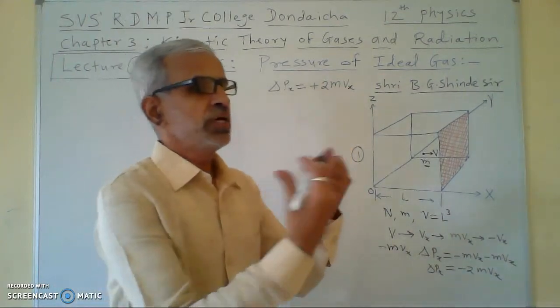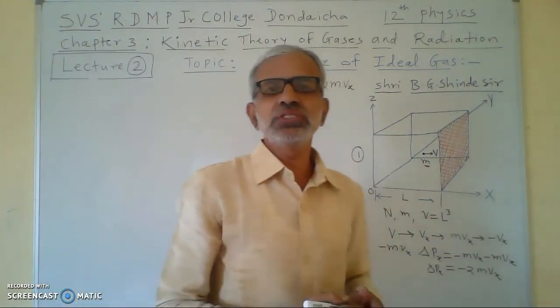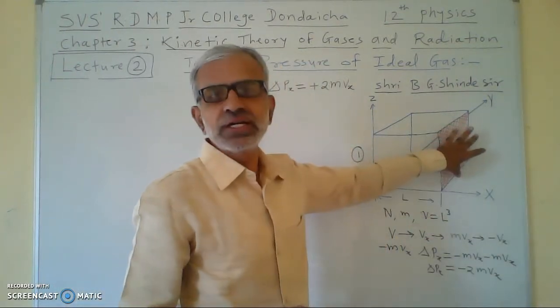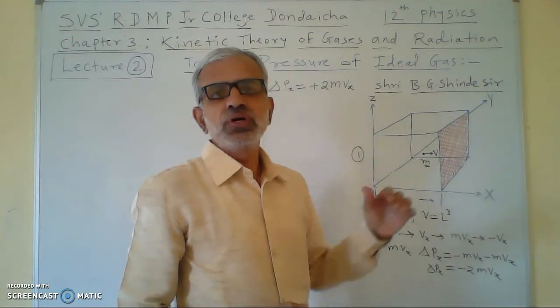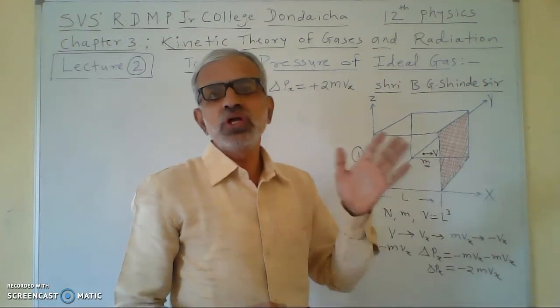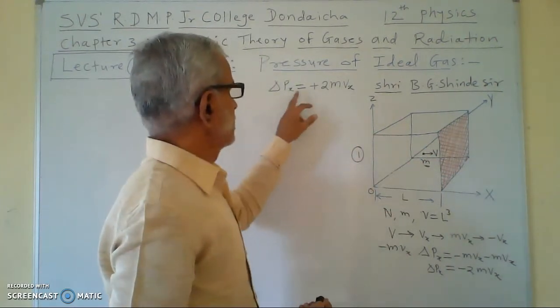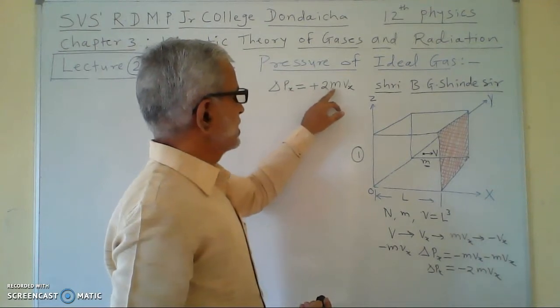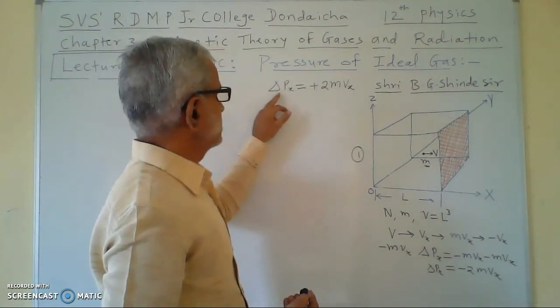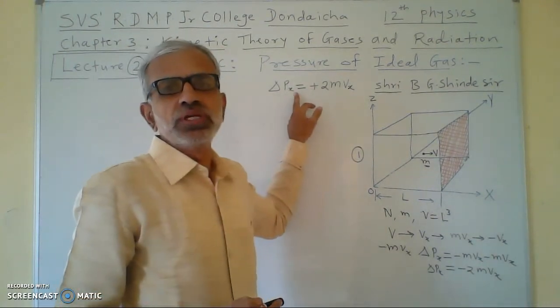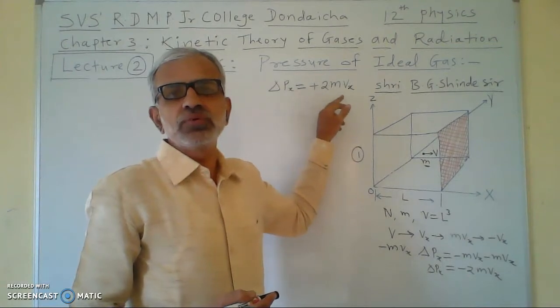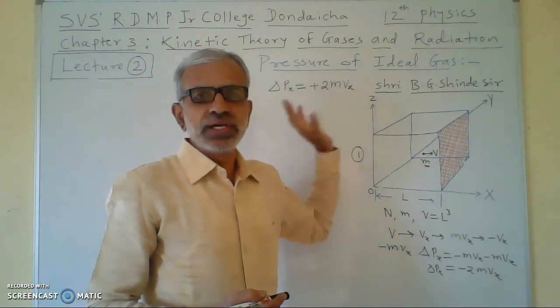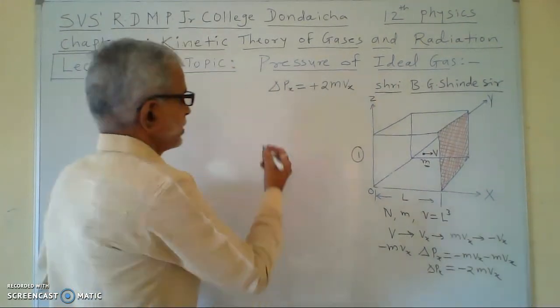Means this momentum is given to this wall of the container, and therefore the momentum of the wall of the container will be plus twice m vx, which is the change in momentum of the surface or change in momentum of the shaded area.